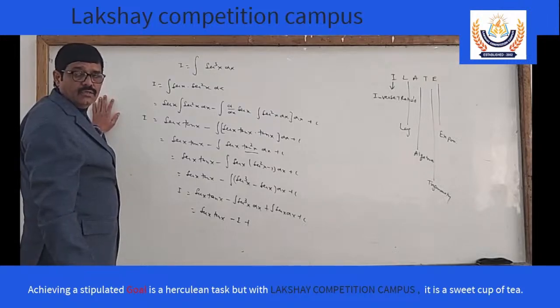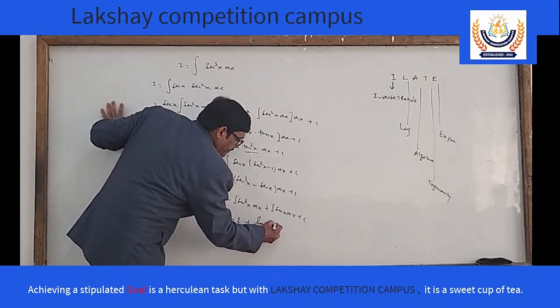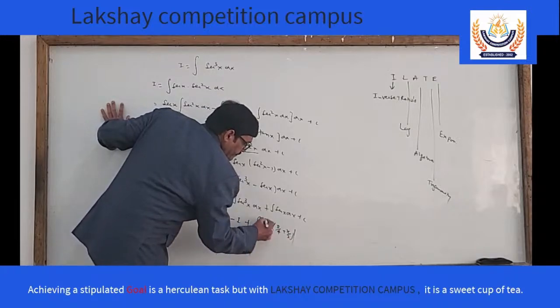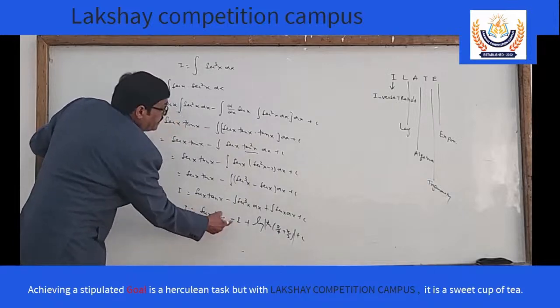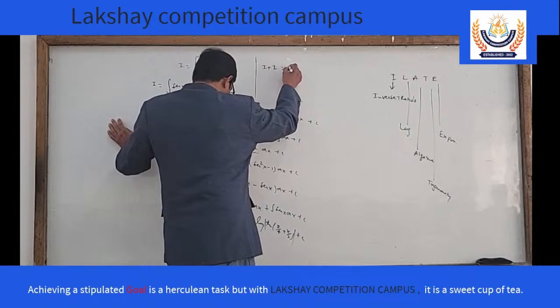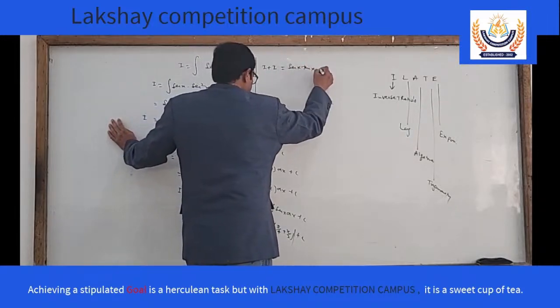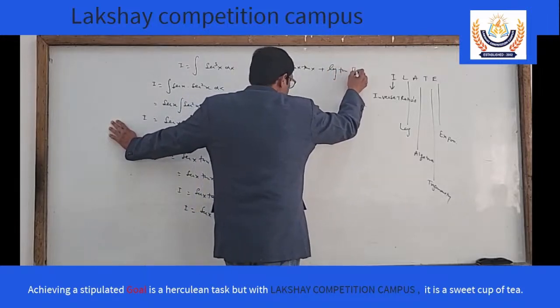Either you can say log tangent 45 plus x by 2. So I plus I equals secant x tangent x plus log tangent 45 plus x by 2.